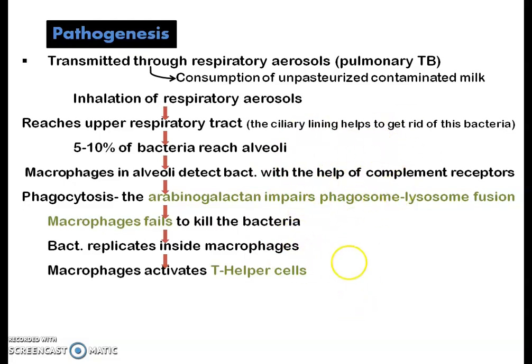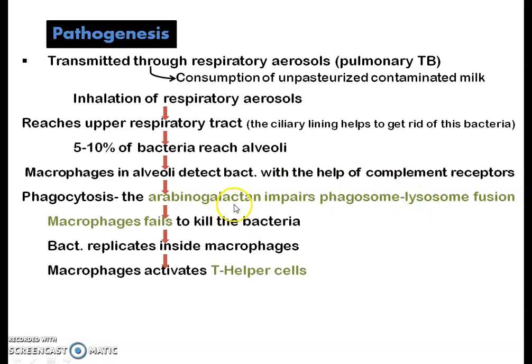Inside the cell, the phagosome combines with the lysosome. Lysosomes have a lot of protease enzymes which act on the foreign particle to dissolve or digest it. So phagosome-lysosome fusion normally occurs.